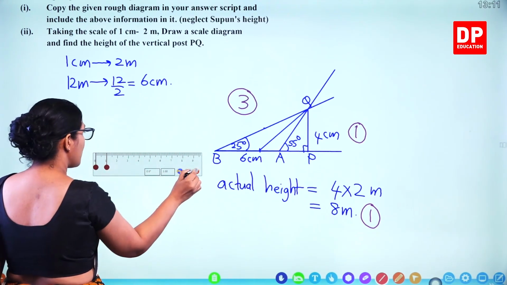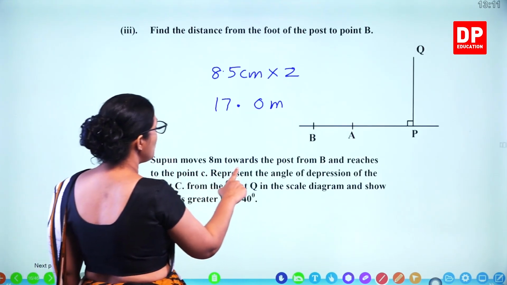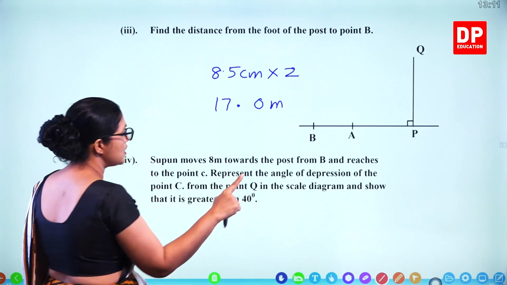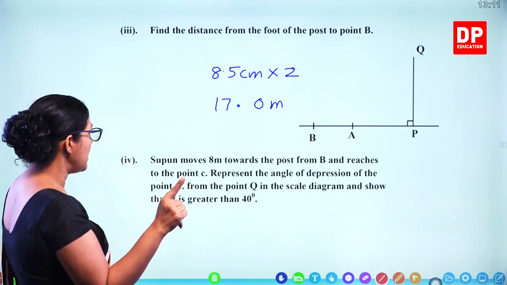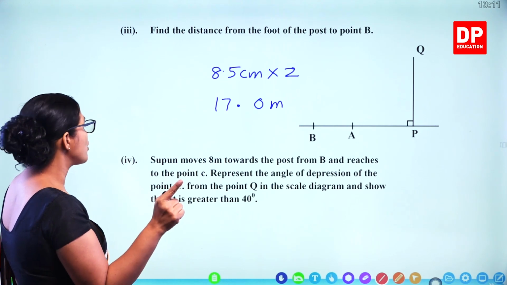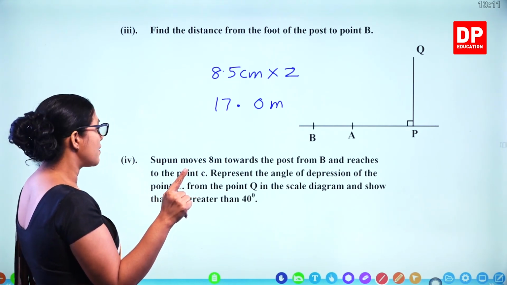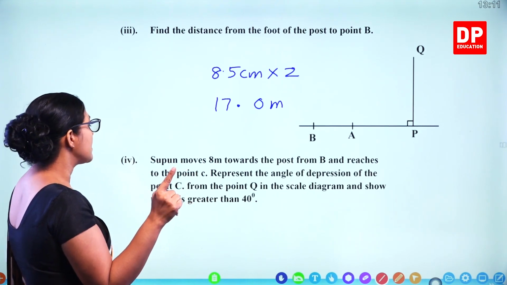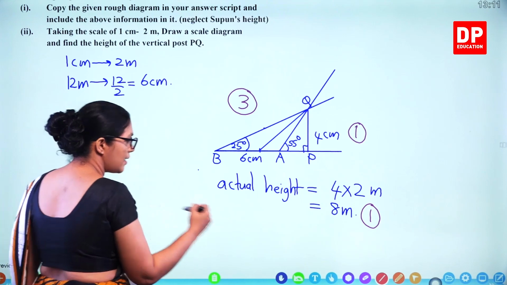So let's look at the question now. Supun moves 8 meters means 4 centimeters towards the post from B and reaches to the point C. Represent the angle of depression of the point C from the point Q in the scale diagram and show that it is greater than 40. So we found out that's 41, greater than 40.